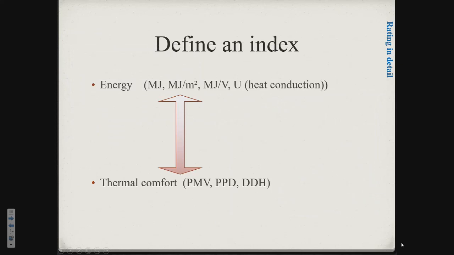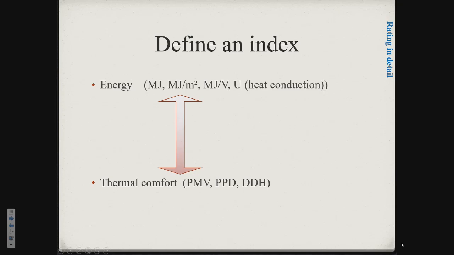The indicator that is used is extracted from the energy. They compute the annual energy requirement based on megajoule, or megajoule per square meter, megajoule per volume. They have adjusted it in different rating systems, but they have all been extracted from the energy. They define thermal comfort based on the adaptive model or PMV. For evaluating in the free running mode, where we don't have energy, we compute degree discomfort hours.